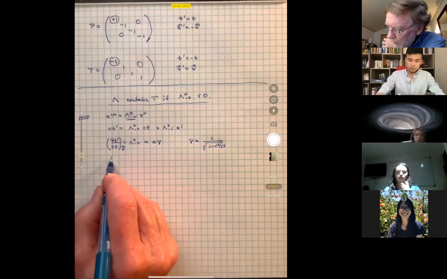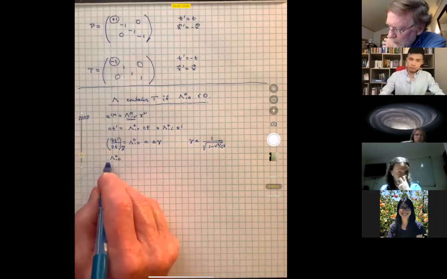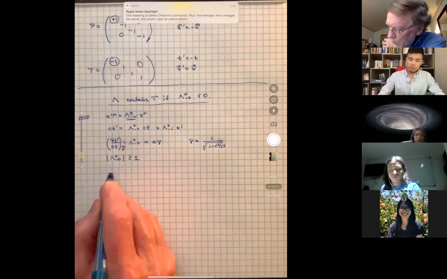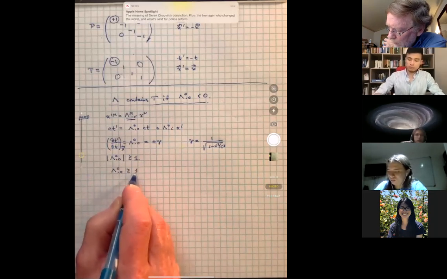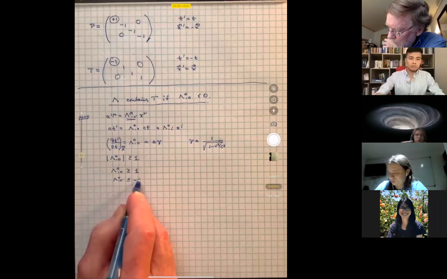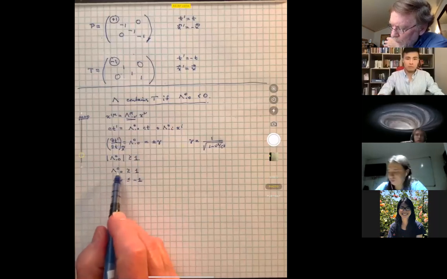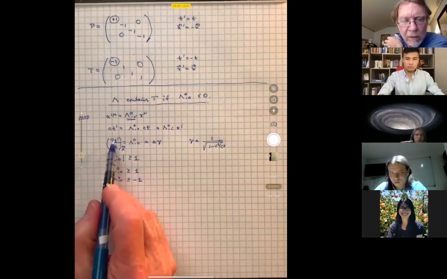One can show that lambda 0, 0, from the definition of a Lorentz transformation, has an absolute value greater than or equal to 1. And that means there's two cases. Either lambda 0, 0 itself is greater than or equal to 1, or else lambda 0, 0 is less than or equal to minus 1. If lambda 0, 0 is positive, it means that as the old time increases, the new time increases also.